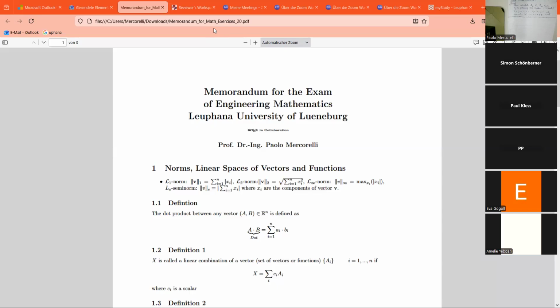Did I understand correctly that the linear mapping will not be in the exam? No. Linear mapping will be in the exam because we did it last time. You confirm, or did I forget? We did. Yes. Again, linear mapping is in the exam.